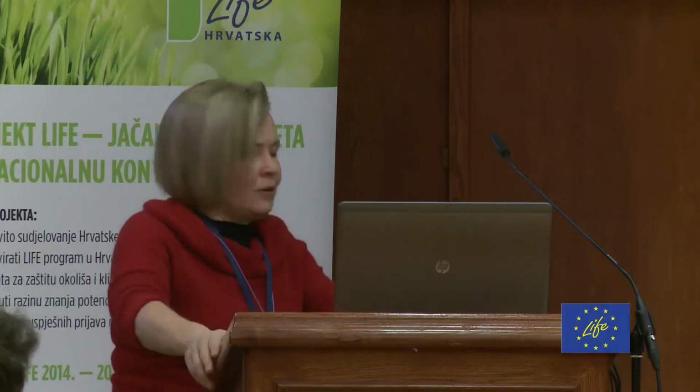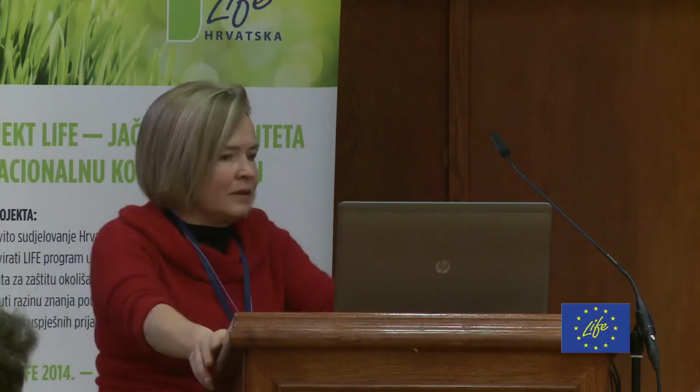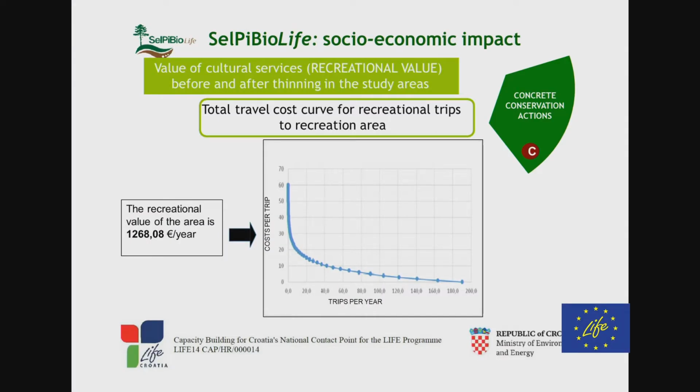And then we realized a logarithmic curve that is the total travel cost curve. And then we found that the recreational value per year of the area where the forests are located is about 1,200.